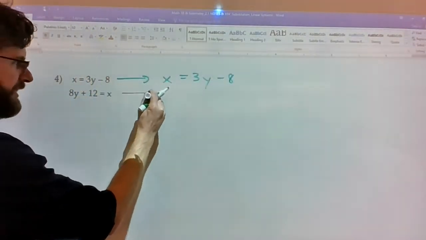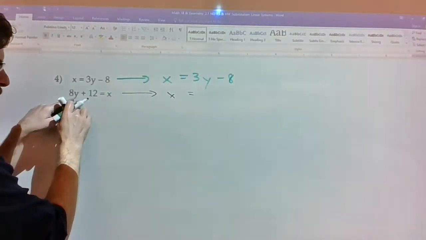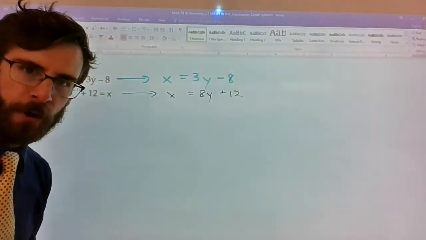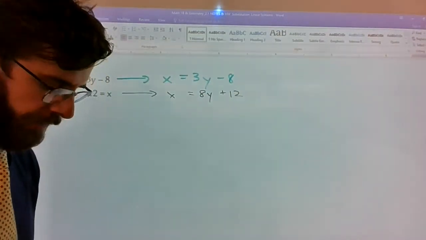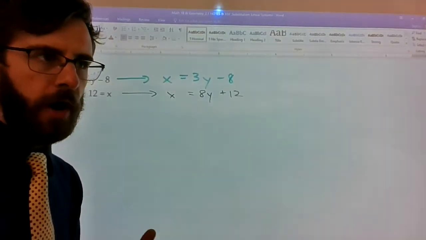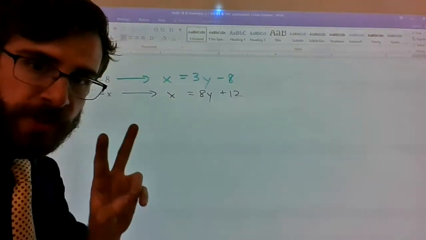On the bottom, if I just rewrote it as x on the left and 8y plus 12 on the right, I've got both equations with the variable by itself. So when you ask yourself, what is step 1, it's already done for you. X is by itself, but it's done in two different equations.